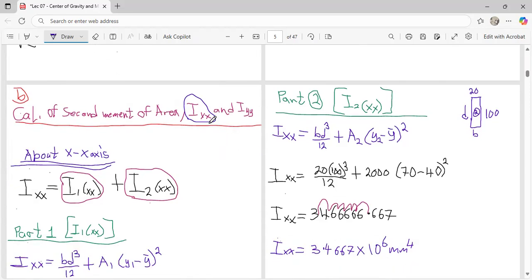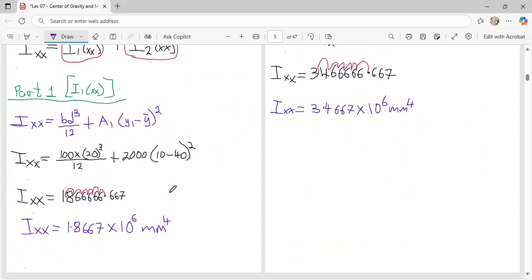First of all, we took the x and realized that to get the x, we have to express the moment of inertia at x as the moment of inertia of part 1 plus the moment of inertia of part 2 at x.